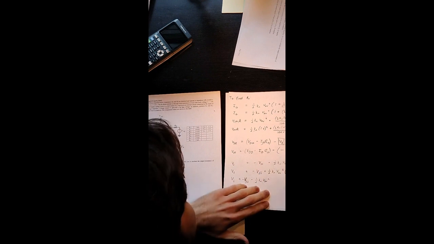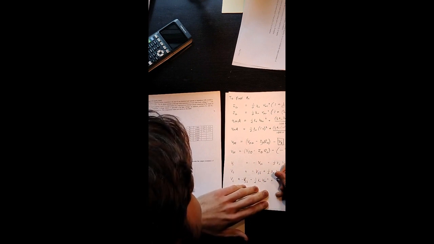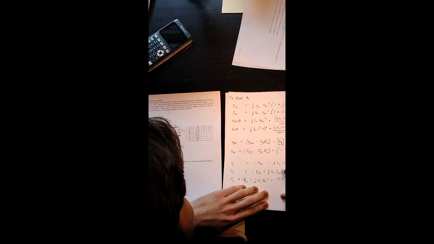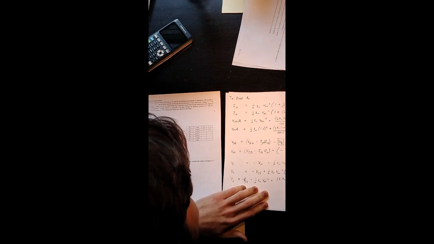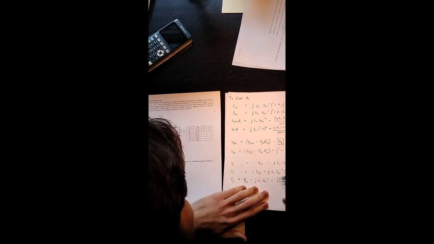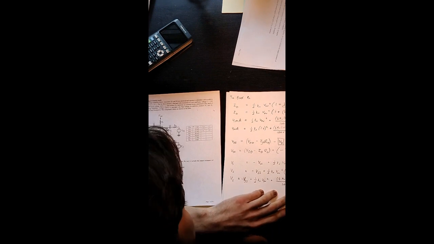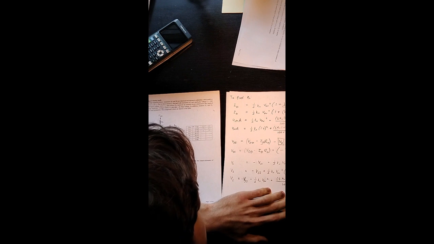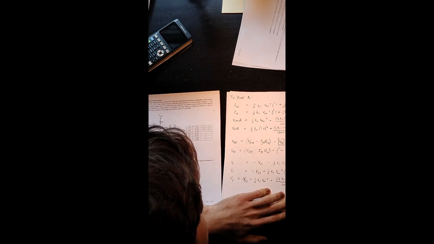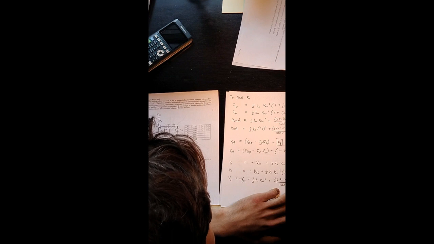Kn VOV squared plus 1/2 Kn VOV squared over 100 volts times VS plus 1/2 Kn VOV squared over 100 volts VSS.